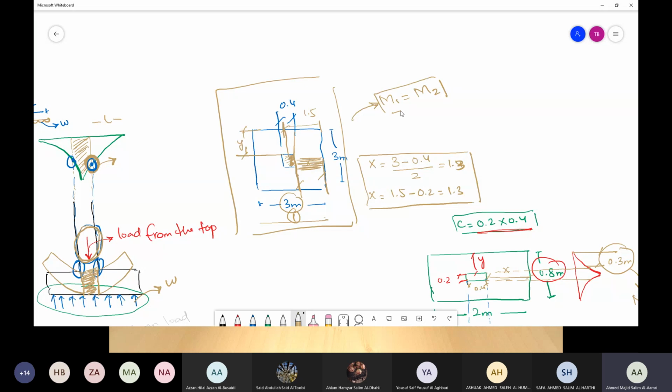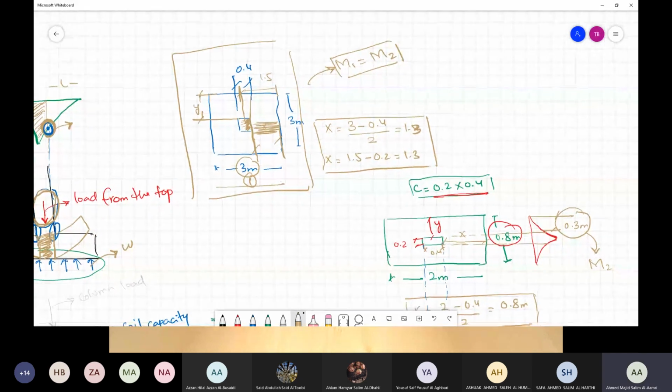So you will take only one moment to be designed for, and then reinforcement is going to be supplied in both directions, because the moment in the x direction is the same as the moment in the y direction. Are we okay about this? Are we fine about the bending moment?